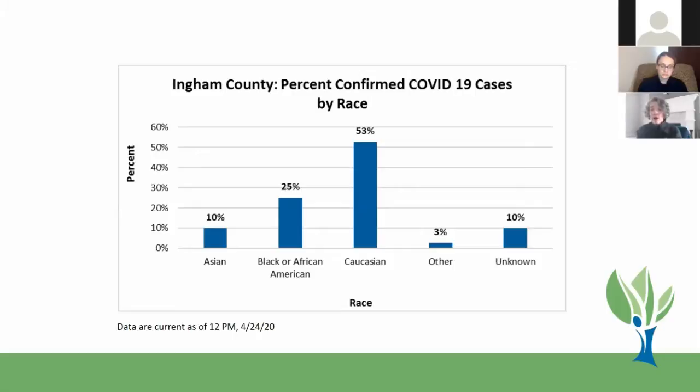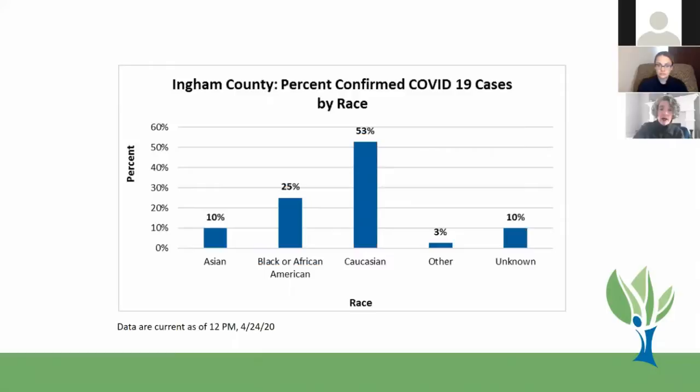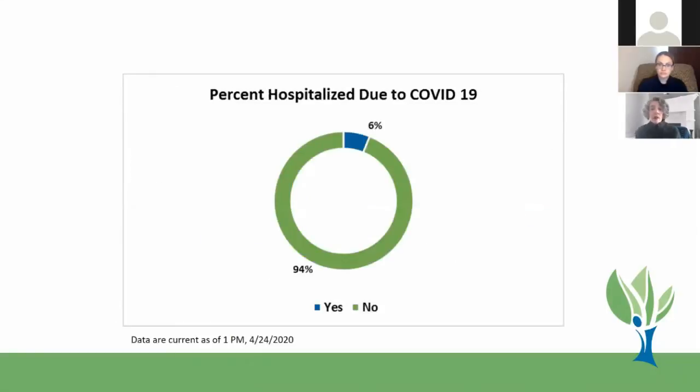But as a representative of total population, it's important to go back and look at it this way and realize that we have a smaller population of African Americans, and we are disproportionately impacting our African American and other people of color populations.